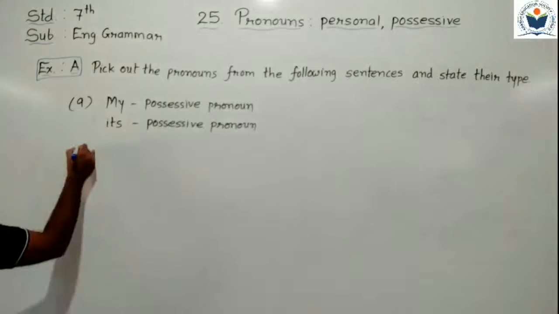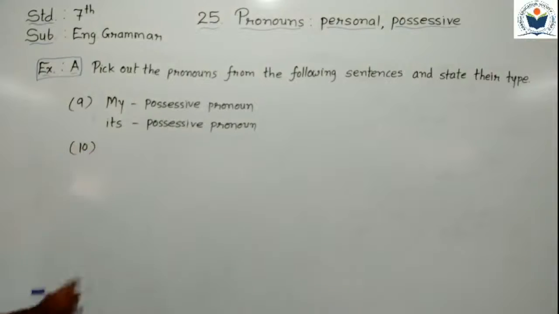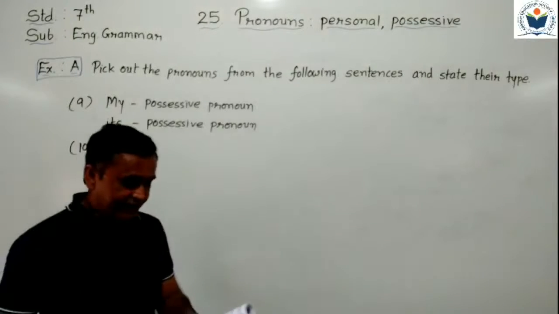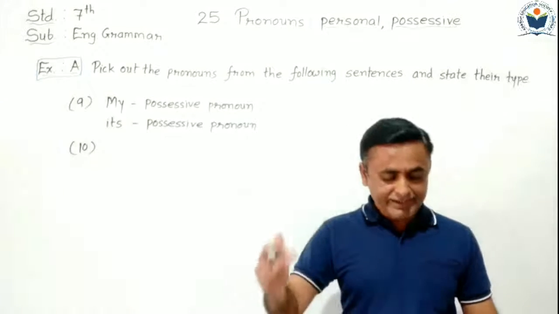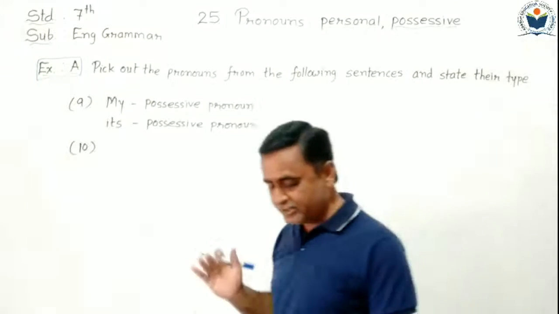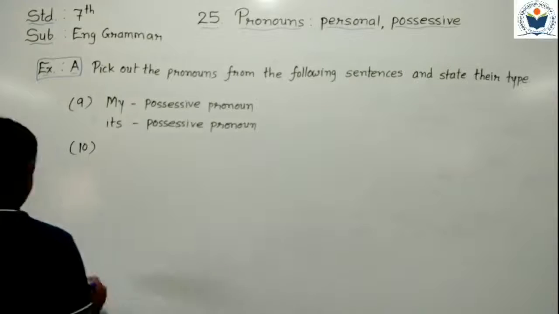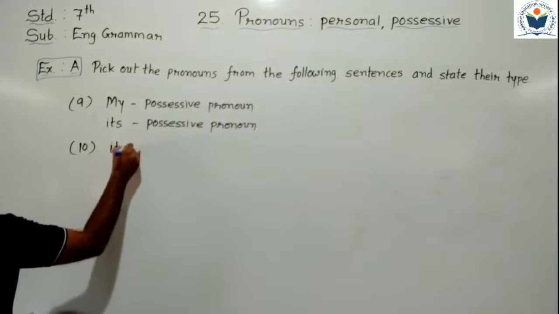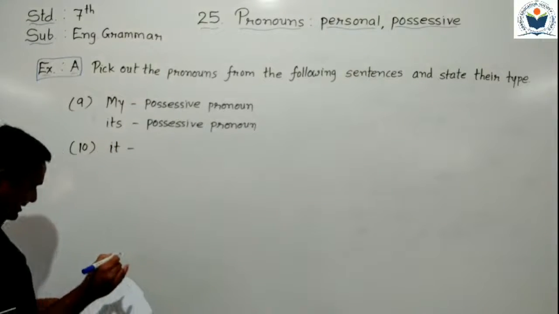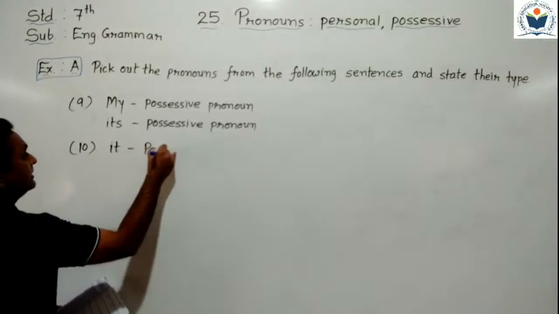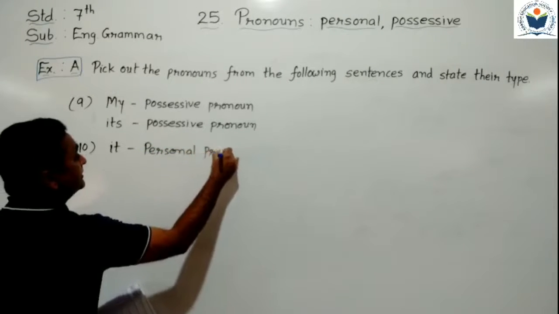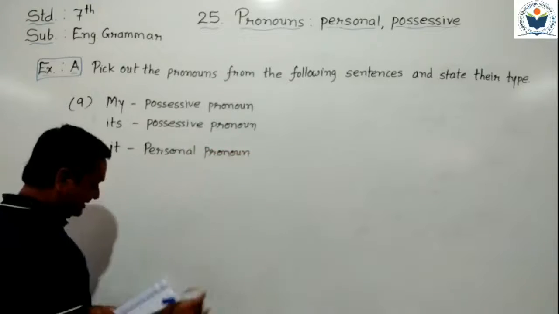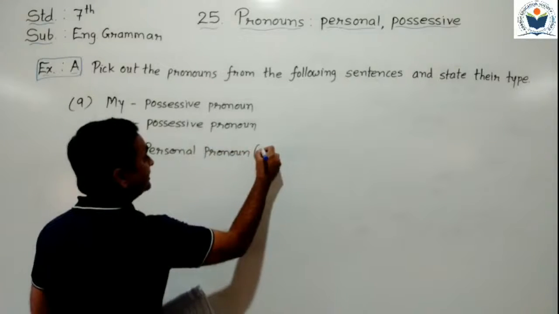Now 10th sentence. Sentence number 10 we have to see. Look at it, how it shines. Here, first it. Look at it. First it is given here as a personal pronoun. And it is used as an object here.